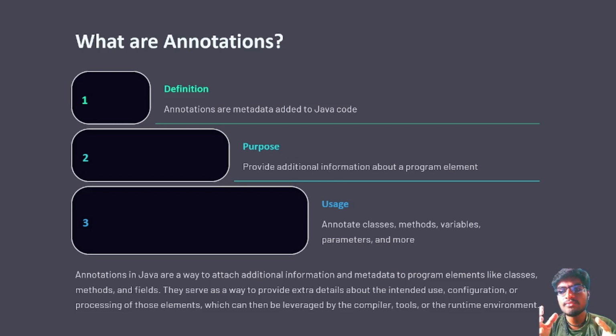They serve as a way to provide extra details about the intended use, configuration or processing of these elements, which can then be leveraged by the compiler, tools or the runtime environment. If you use annotations in some snippets of code, the runtime errors will be less.